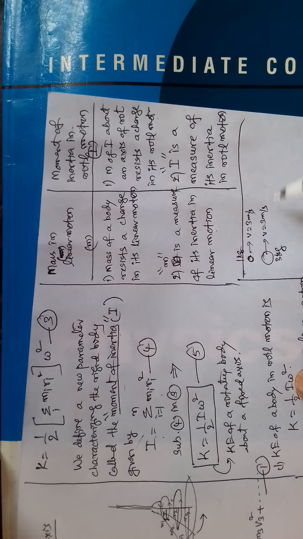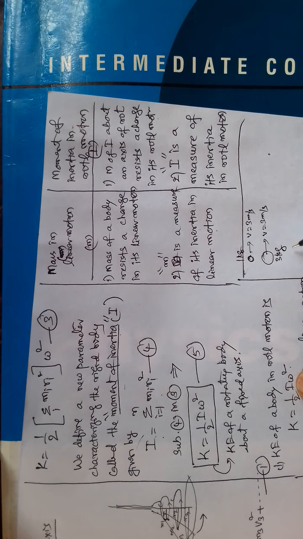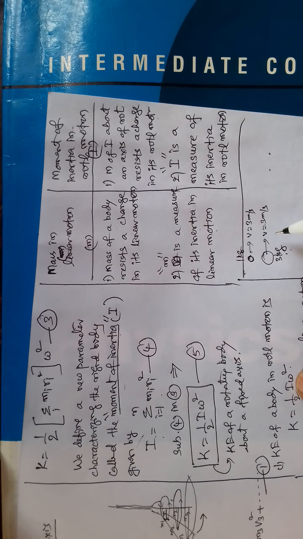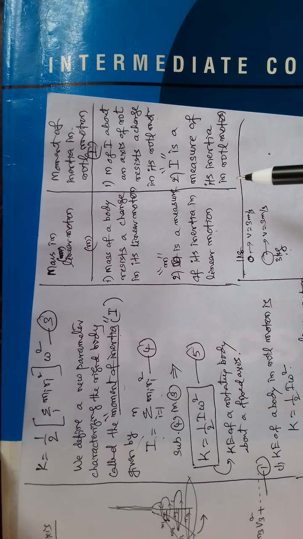So which particle comes to rest quickly? The particle having large mass will come to rest quickly, because more the mass, more will be inertia. Therefore it opposes the motion. If it is in linear motion, it wants to be in linear motion and it opposes coming to rest. If it is at rest, it opposes coming into linear motion.